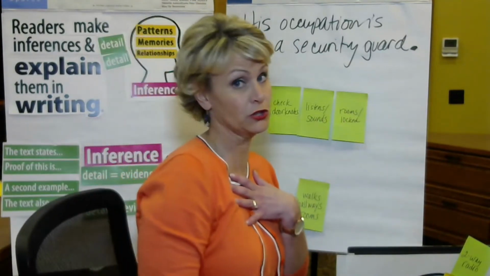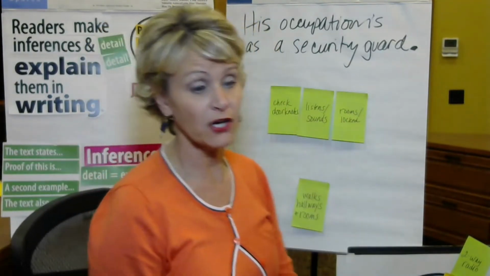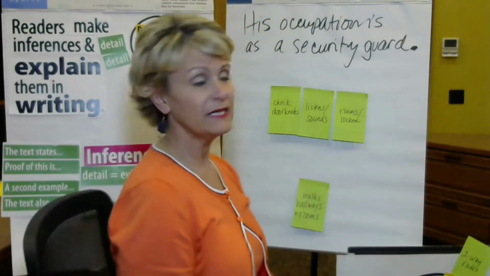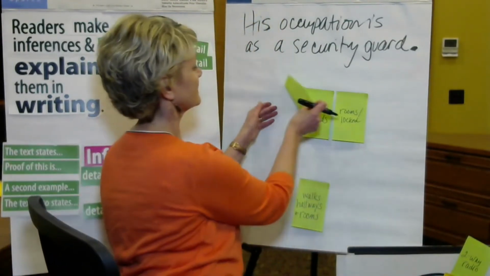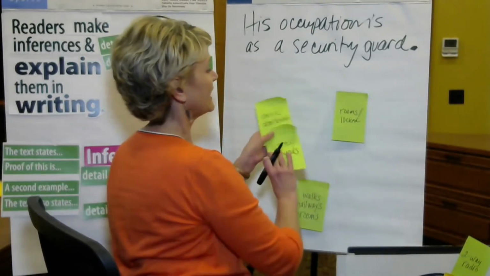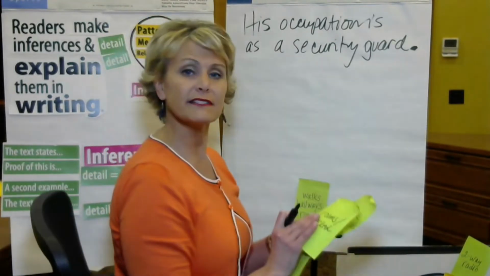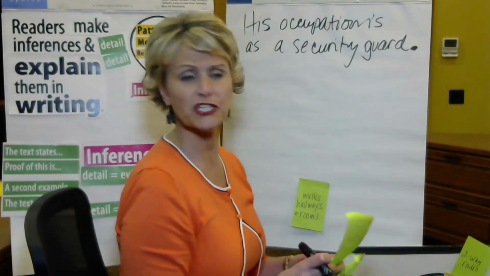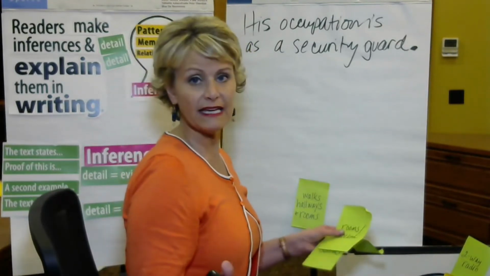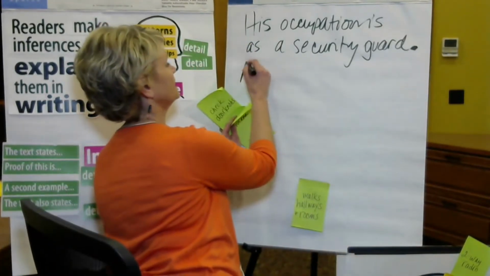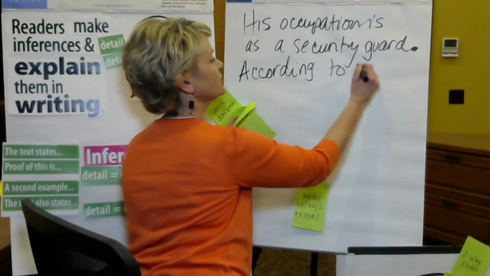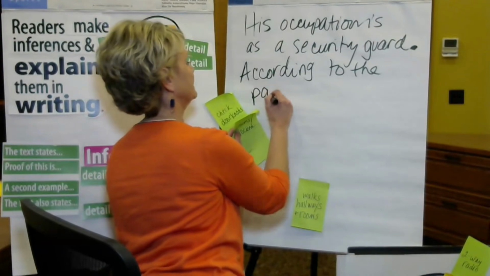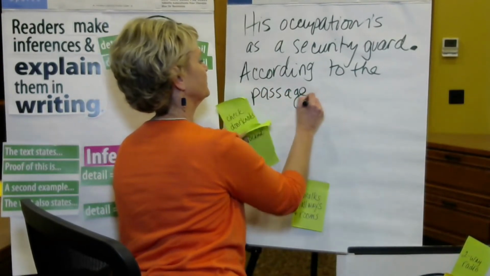But that's a topic sentence with a claim, an opinion. That was my conclusion, my inference. So like all good writers, I have to back it up with supporting evidence, right? Supporting details, in this case, specifically evidence. I need to use one of those sentence starters we all come to just love, something like, according to the passage, or the text states. I'll use according to the passage.